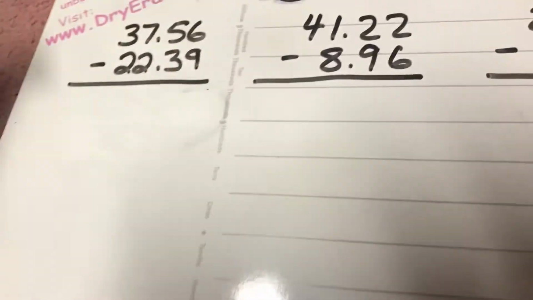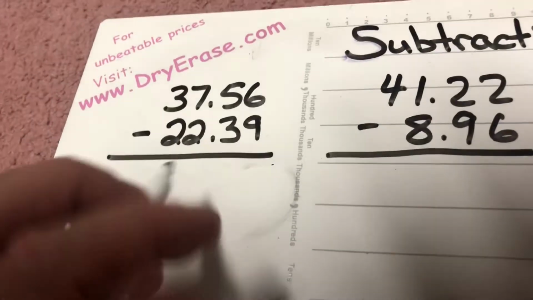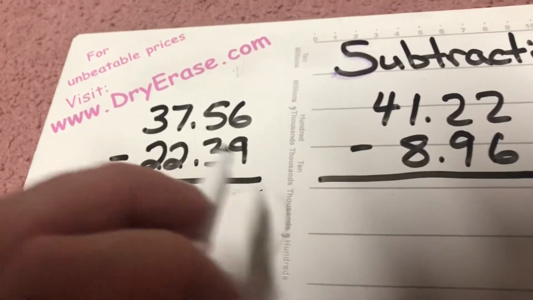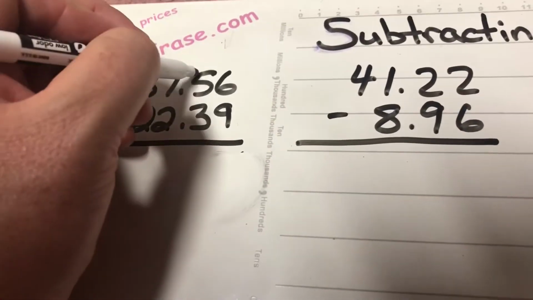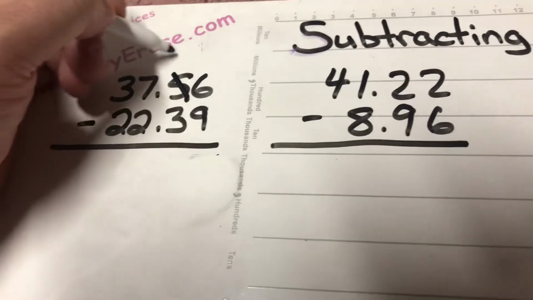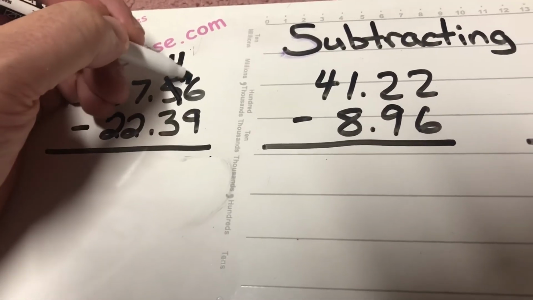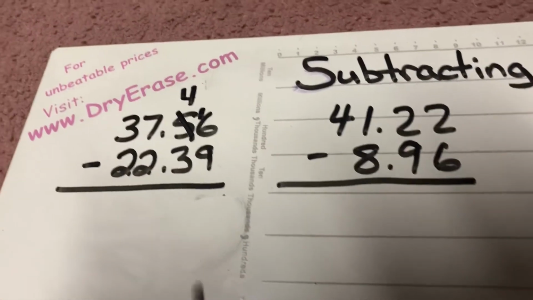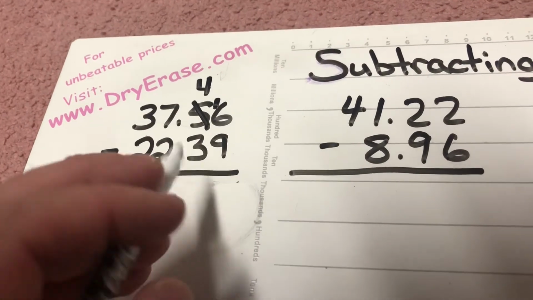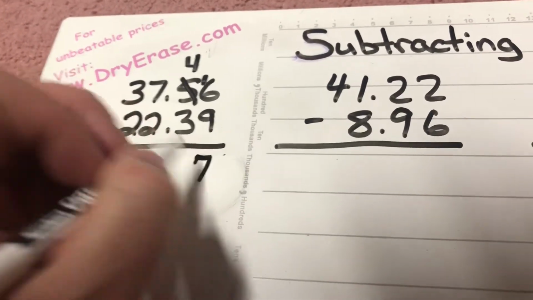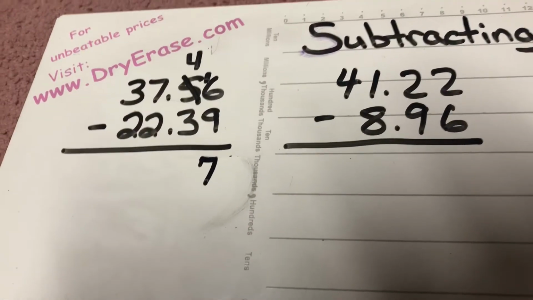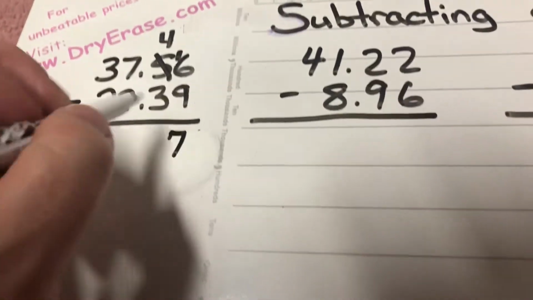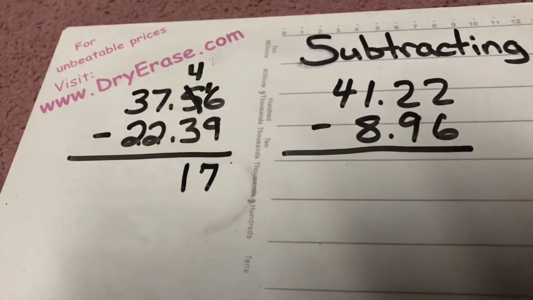What you actually need to be doing is think, well, I can't do 6 minus 9, so I know you know what to do, so you're going to borrow from the 5. The 5 is going to become a 4, and this 6 is going to become a 16. Then you're going to think 16 minus 9, well, 16 minus 9 is 7. Then you're going to do 4 minus 3, which is 1.